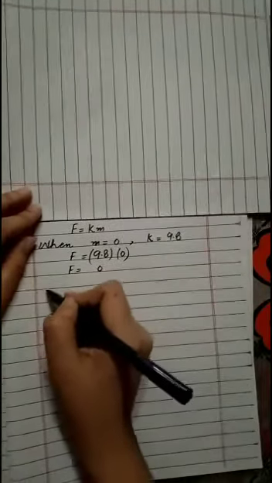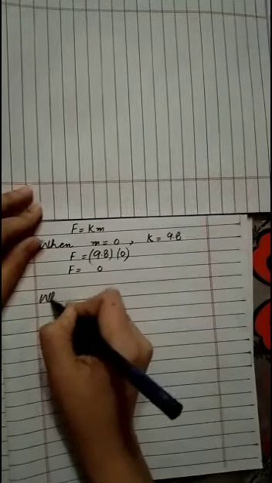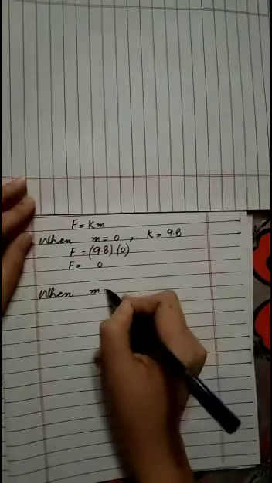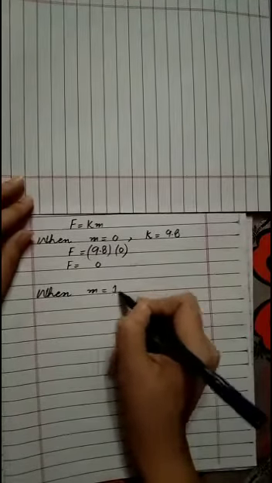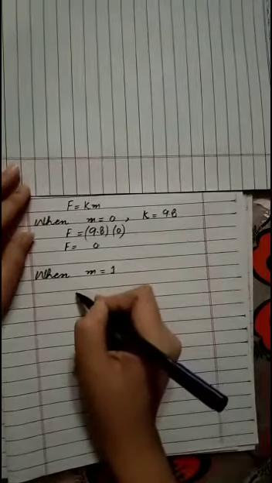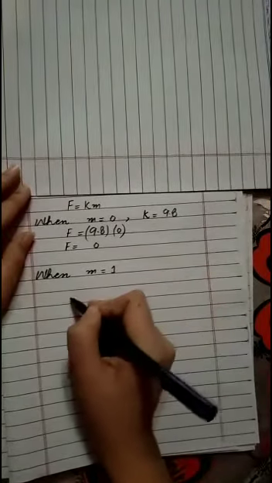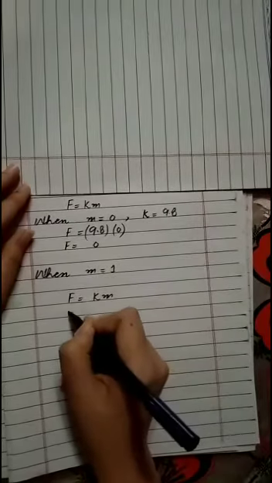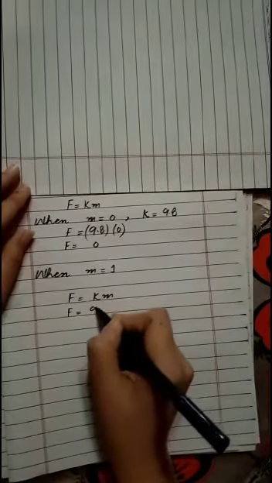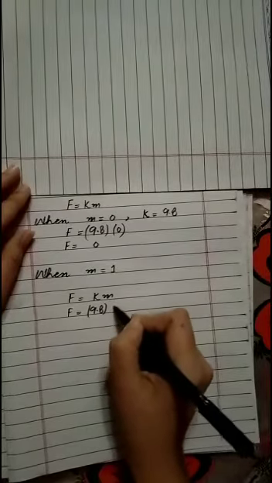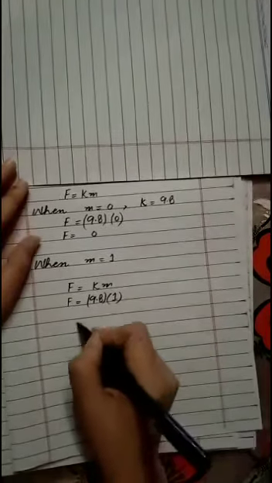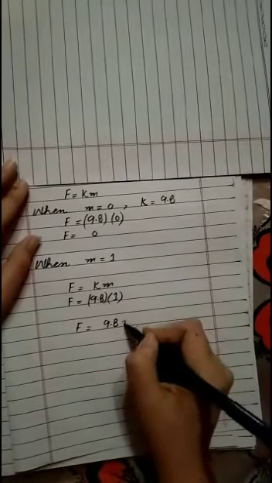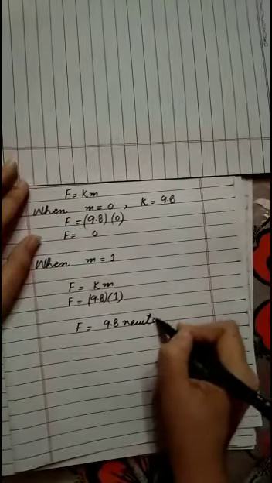Okay. Now we will change the values. When M is equal to 1, then we have to find the F. M is 1, so F is 9.8 newtons.